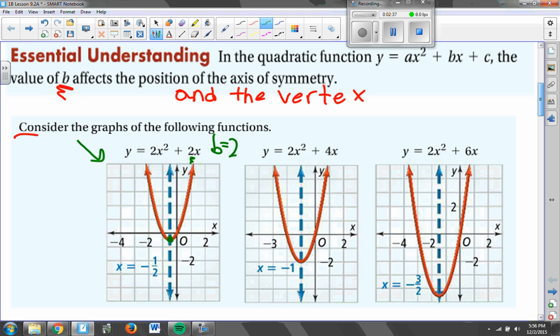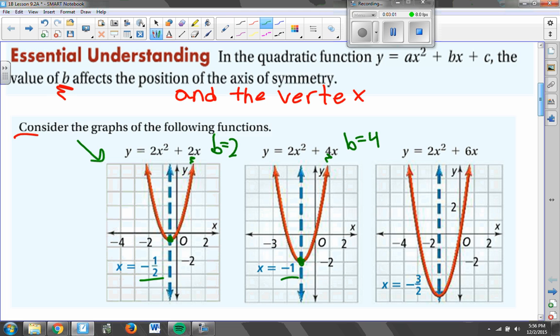Now, when I go to 2x squared plus 4x, where my b value is now 4, my vertex moves a little bit. I go further left and I drop down. Notice that my axis of symmetry here is x equals negative 1/2, and here it's x equals negative 1.